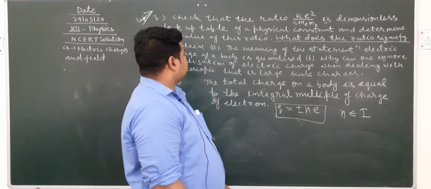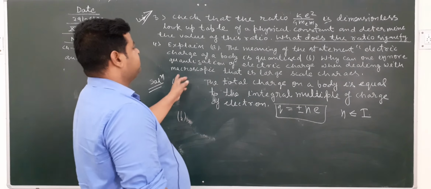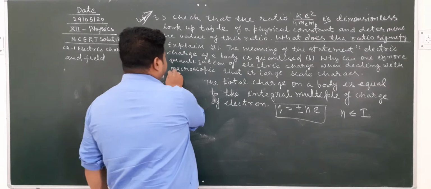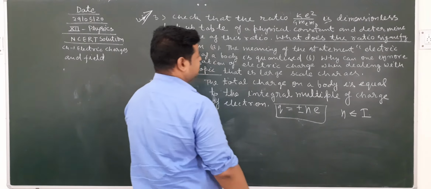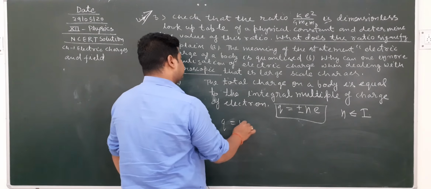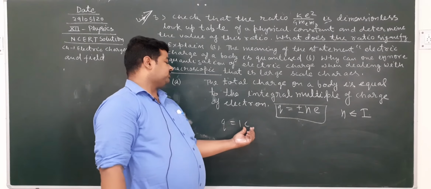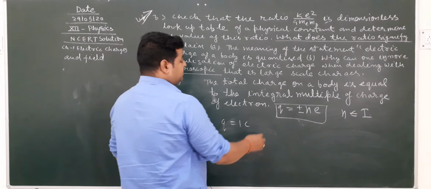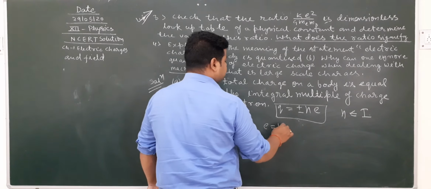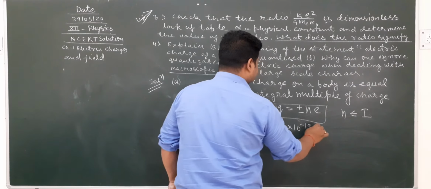The B part is, why can one ignore quantization of electric charge when dealing with macroscopic, means large scale. Clear? So here we assume that Q is equal to 1 coulomb. 1 coulomb is a large unit of charge, and also we know that the charge on electron is 1.6 into 10 raised to power minus 19 coulomb.